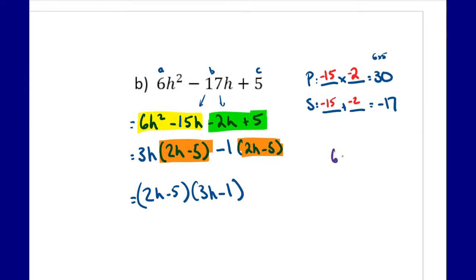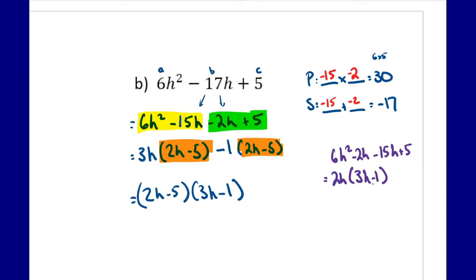Let's say I had 6h squared minus 2h minus 15h plus 5. All I've done is switch the two middle terms. If I factor the first two, I can see that there's a 2h that's common, and I'm left with 3h minus 1. In the second bracket, there is a 5 that I can factor out.